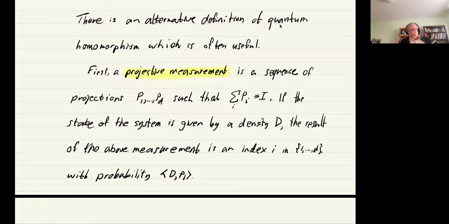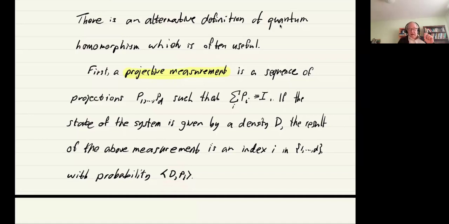And so if the state of a quantum system is given by a density D, then the result of the above measurement is that when you do the measurement, the output is an index, one of the indices 1 through d, and the probability you see the ith output is the inner product of D with Pi. Now this is non-negative because these are both positive semi-definite, and the sum over i is the inner product of D with the identity, and since D has trace 1, they sum to 1.